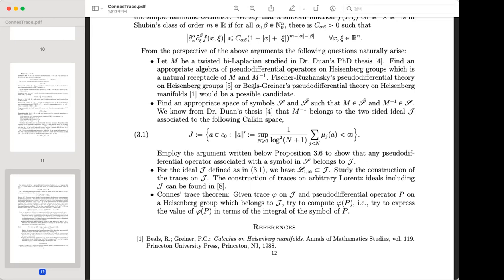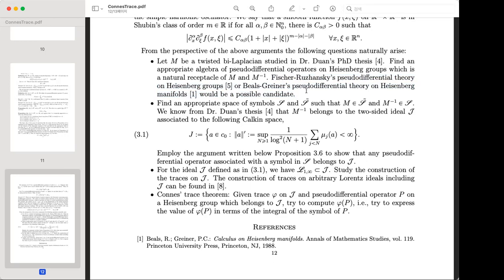But I think the pseudo differential theory on Heisenberg group in the literature I wrote here. Then here are the references. The symbol spaces used in the pseudo differential theory in these articles would be possible candidates of the receptacle of the symbol of the twisted Laplacian.